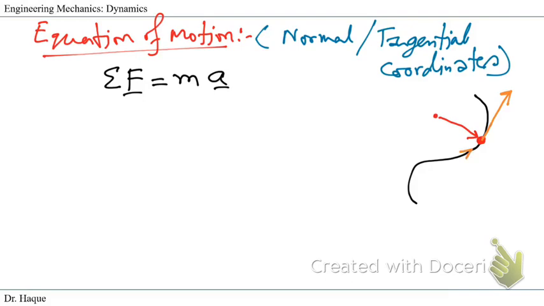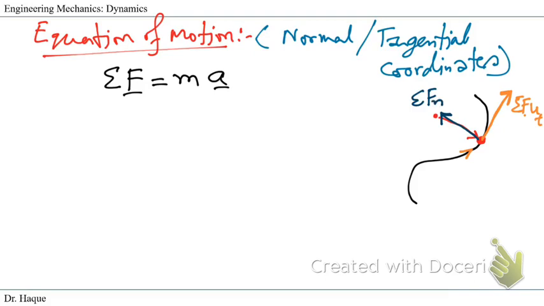So the tangential would be tangent at that point, and we'll say summation of force, and then the tangential component ut, and the normal component is always facing towards the center of the curvature. If you remember that, it's very easy to find the direction in a tangential normal coordinate system.